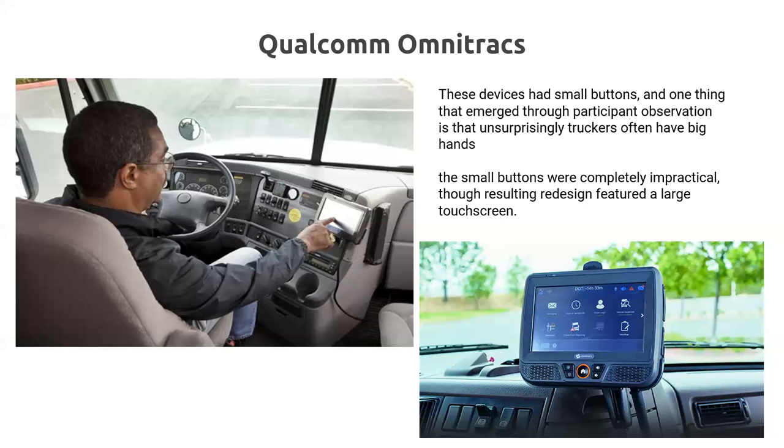Maybe they have to go closer to the device to see better. That's not good, because as a truck driver, they need to focus on the road instead of on the gadget, right? So we could actually get this kind of information by looking at or observing our participants. Okay, next.